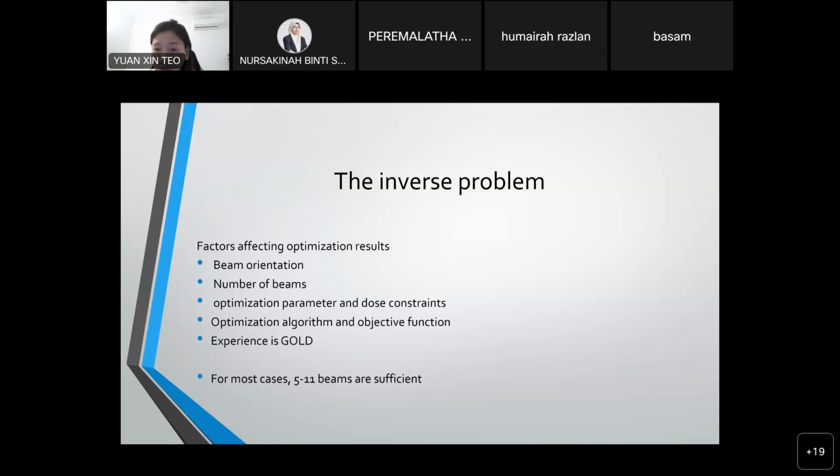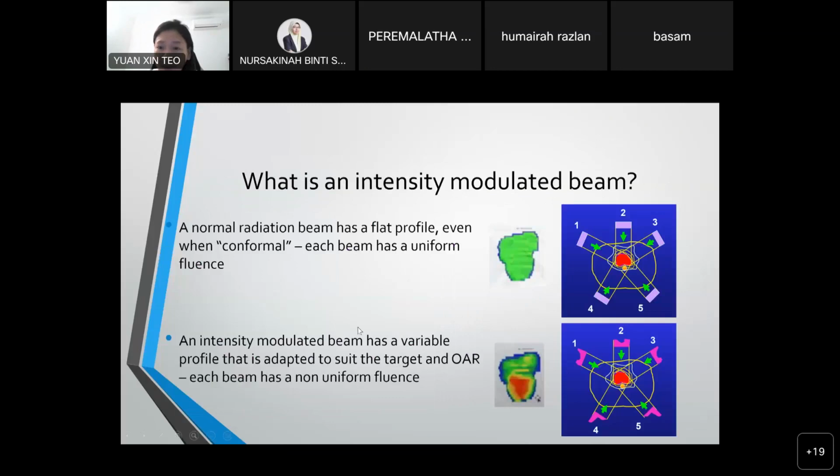IMRT, like I mentioned just now, is created by a minimum of 5 beams to a maximum of maybe 11 beams. In IMRT, we can't create opposed gantry angles.